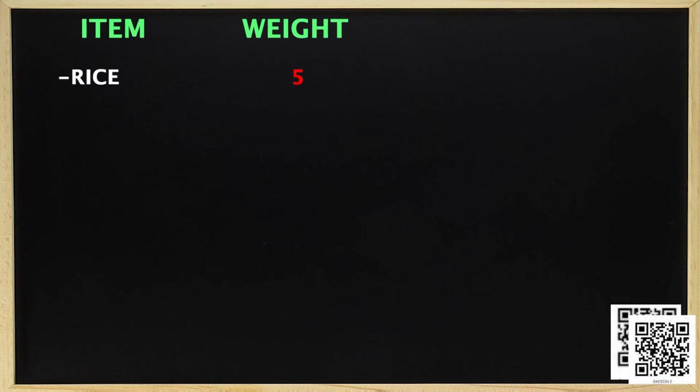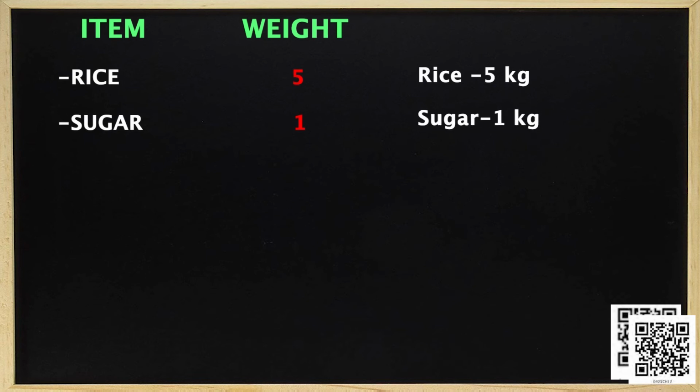Dear students, now you help Dinesan to find out which are the things they have purchased in kilograms and which are the things they have purchased in gram. Things are as follows: rice 5. So, they have purchased rice in kilogram, or rice is 5 kilogram. Sugar 1. So, sugar they have purchased is 1 kilogram.